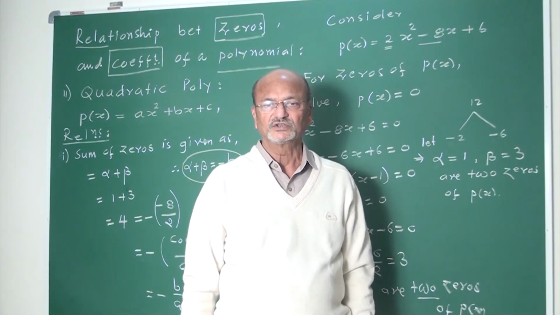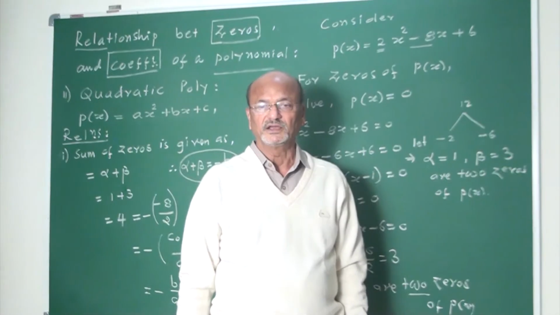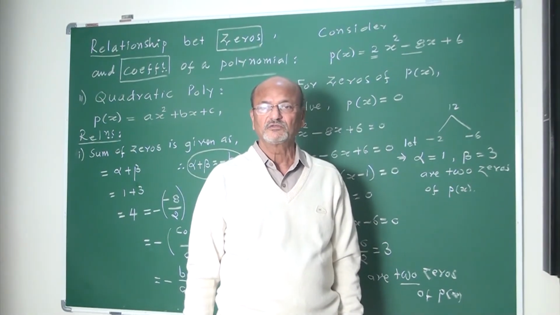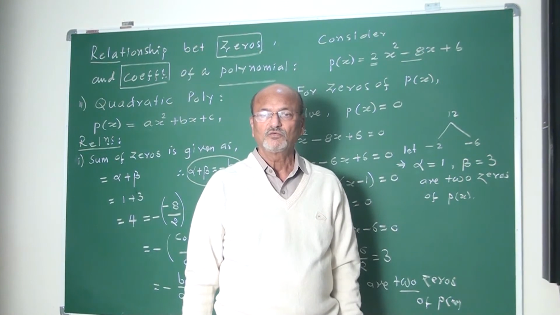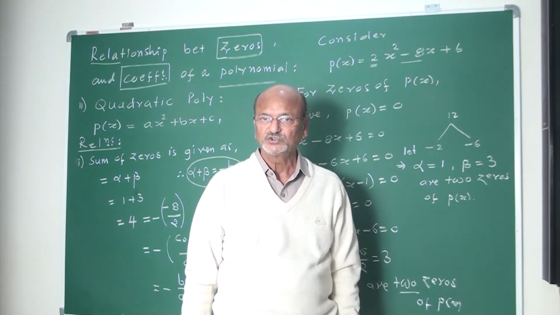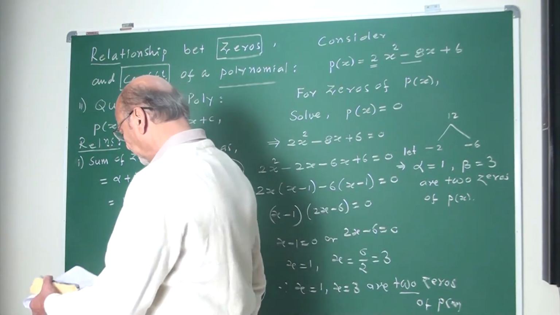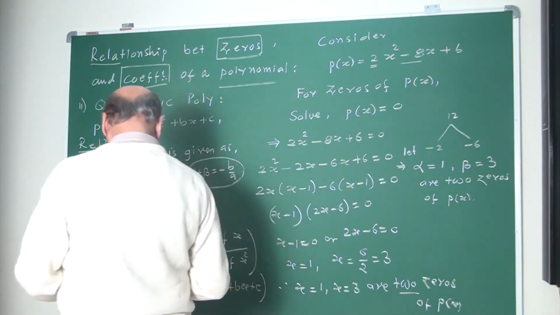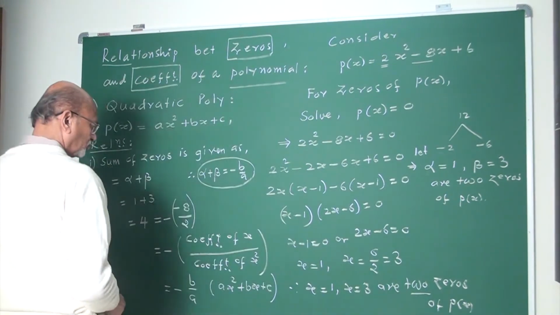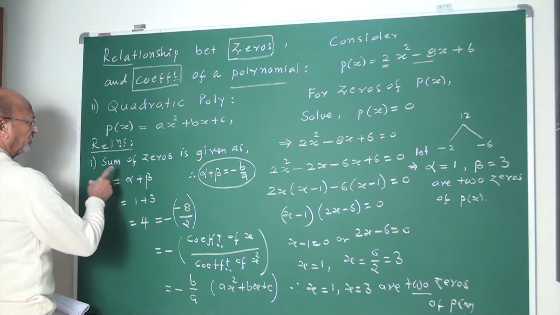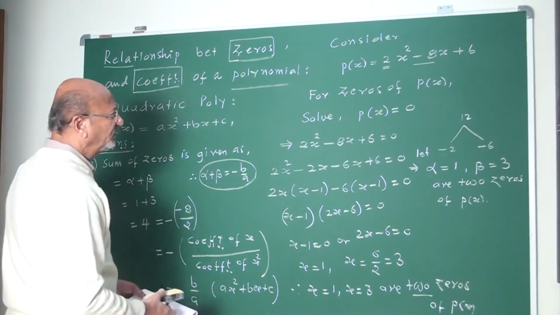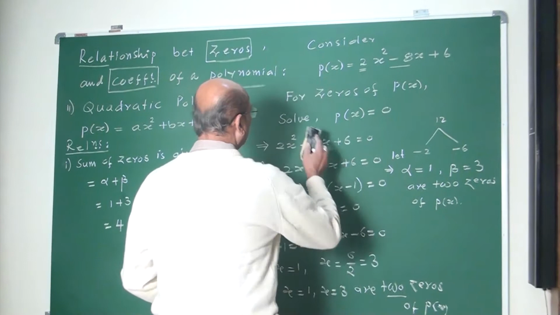Sum of zeros is minus b by a, where b is the coefficient of x divided by the coefficient of x square. This is one. Like this, you can even go for product of roots. I hope it is clear. Next, I go for product of roots.